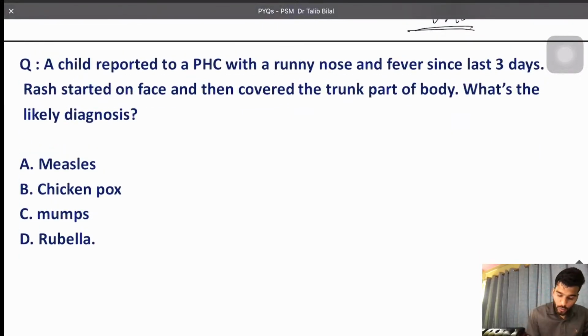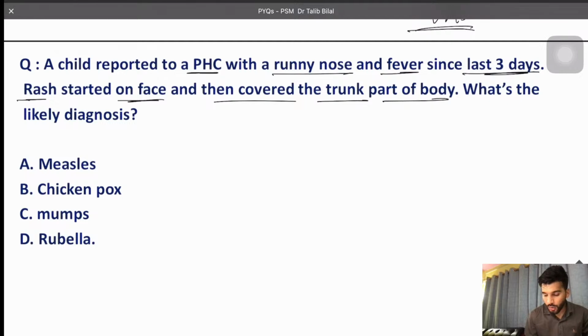A child reported to the primary health center with a runny nose and fever since last 3 days. Rash started on the face and then covered the trunk. What's the likely diagnosis? So you have a child complaining of cough, coryza and conjunctivitis, 3 C's. Write down your answer in the comment section, guys.